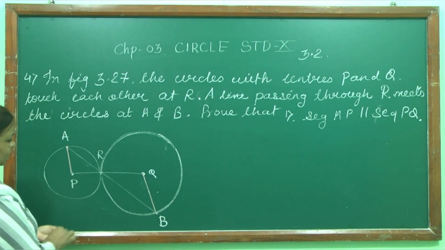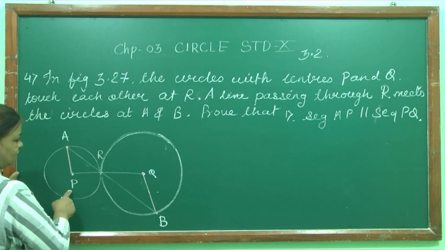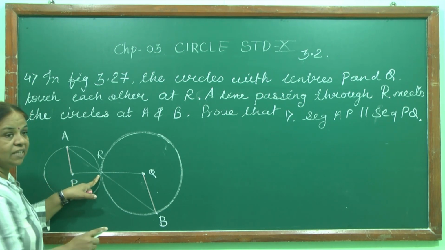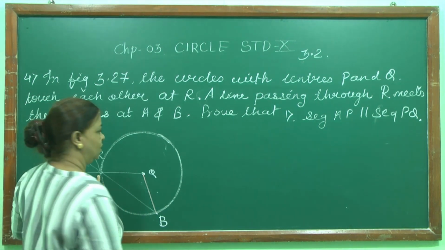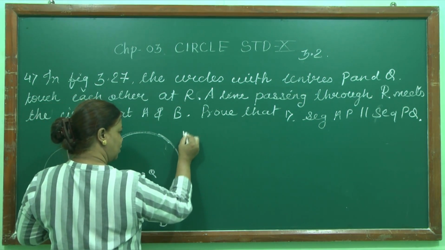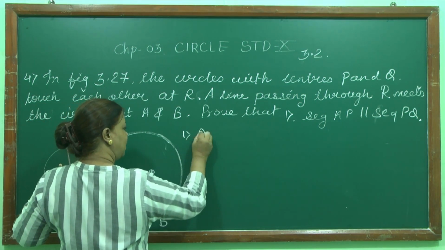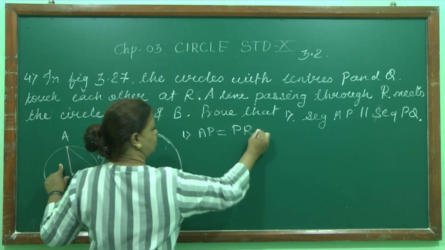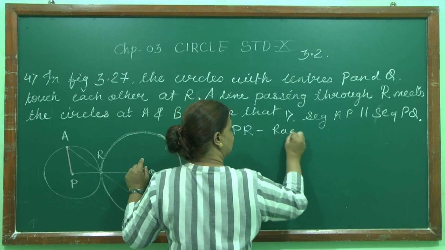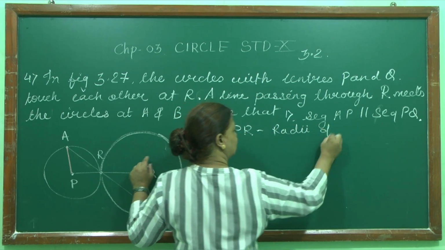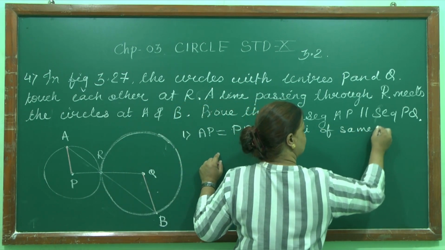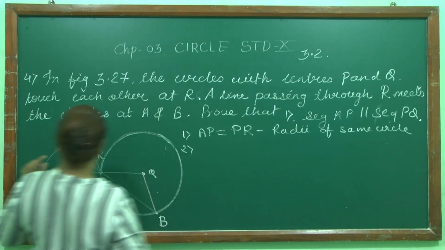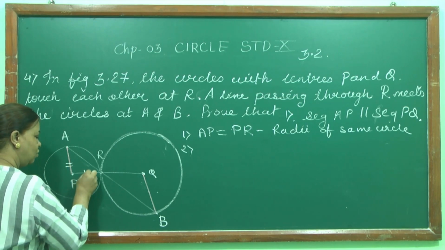Now if you look at this circle, AP and PR are the radii of the same circle. So I can write the first point, AP is equal to PR, radii of the same circle. Now the second point means this line is equal to this line.